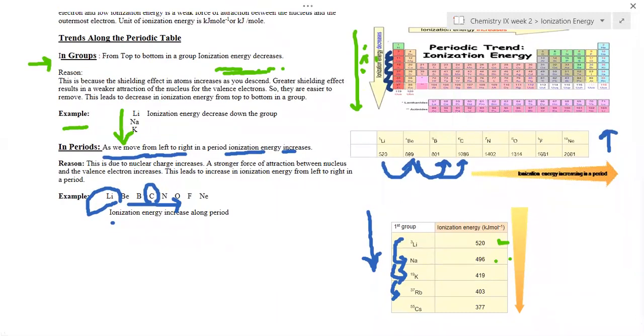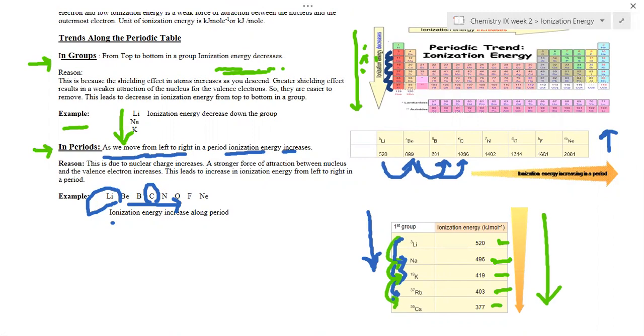For sodium, the ionization energy is 496, whereas for potassium it is 419. With every next element it is decreasing. This is because of the increase in shielding effect.